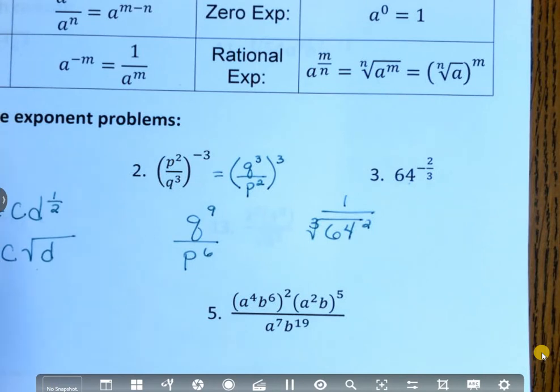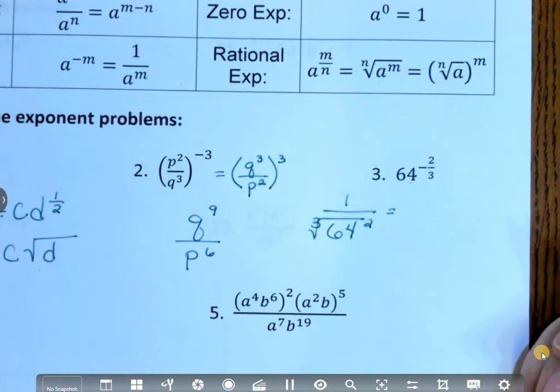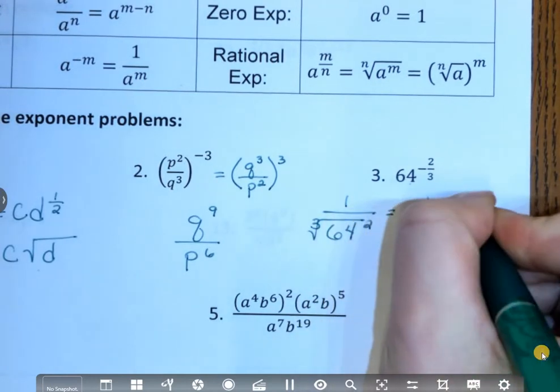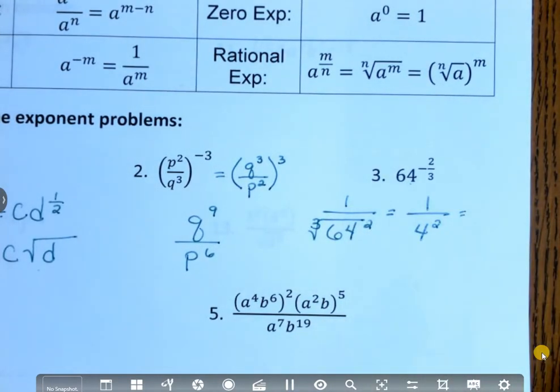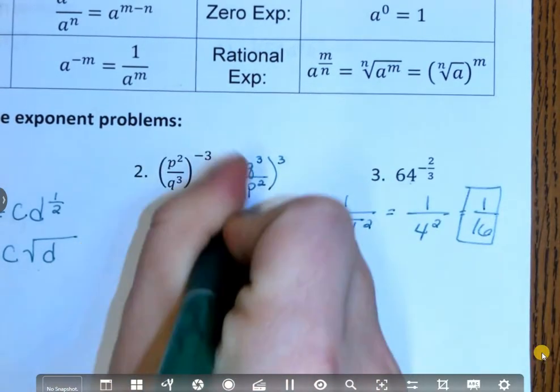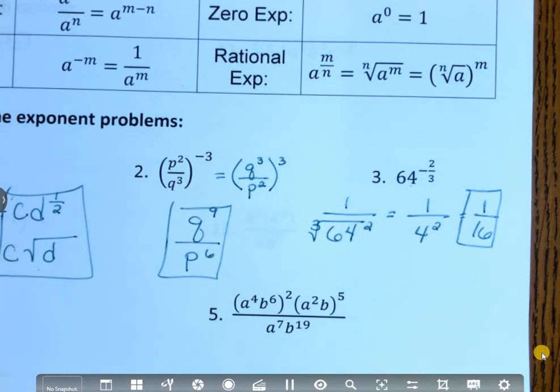So the cube root of 64 first. I always make my problem simpler before I make it harder. I make it smaller before I make it bigger. And therefore, what is 4 squared? So far, so good?